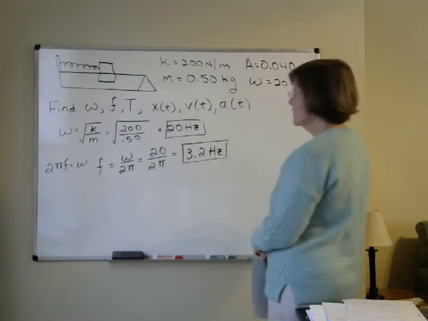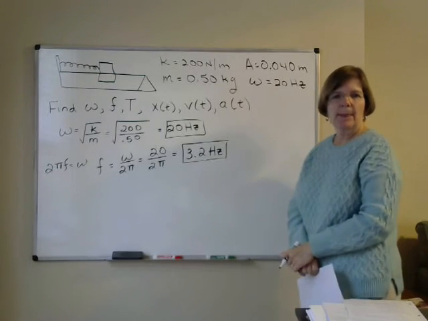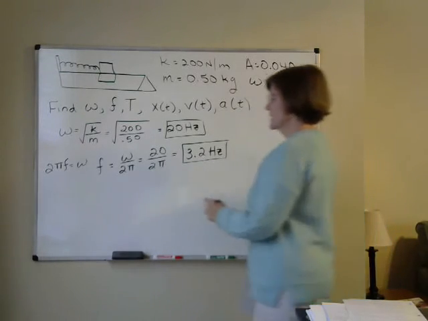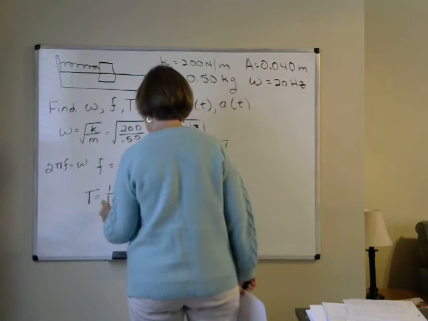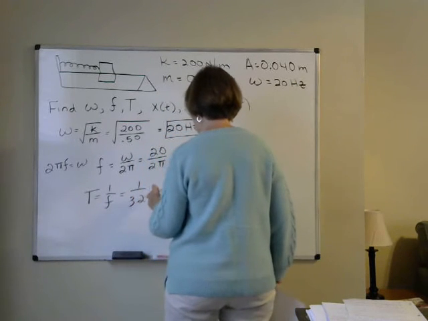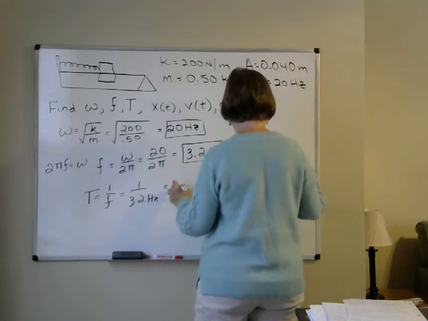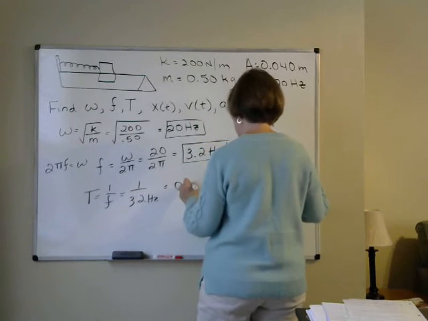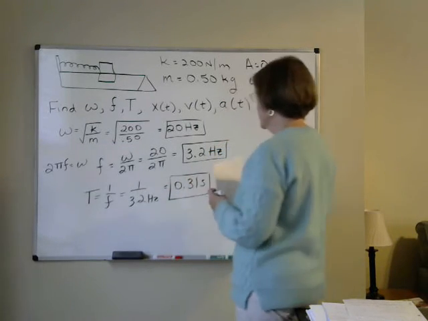The last one, if we want to finish this first part, is to get the period. The period is the reciprocal of the frequency, and it comes out to be about 0.31 seconds.